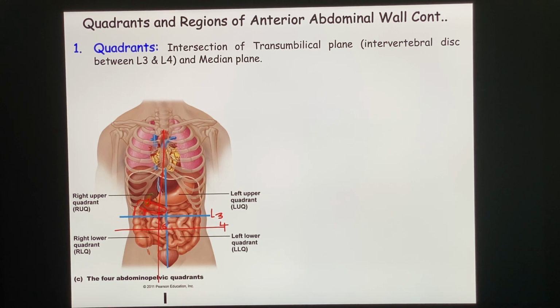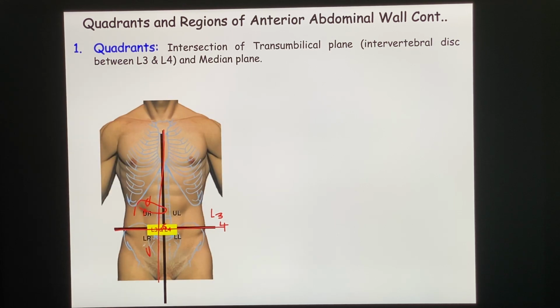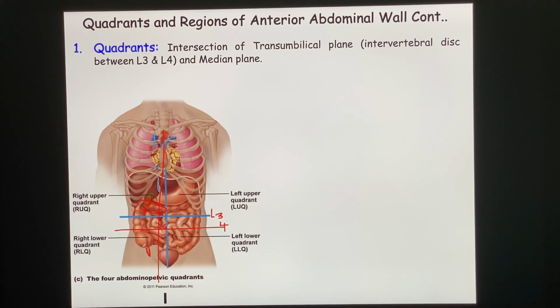What about the right lower quadrant? This is the appendix. Normally the appendix would be hiding behind the cecum. You wouldn't see it like this except in some cases, but normally it is hiding behind the cecum. So the cecum and the appendix are here, and a bit of the coils of the small intestine is here.